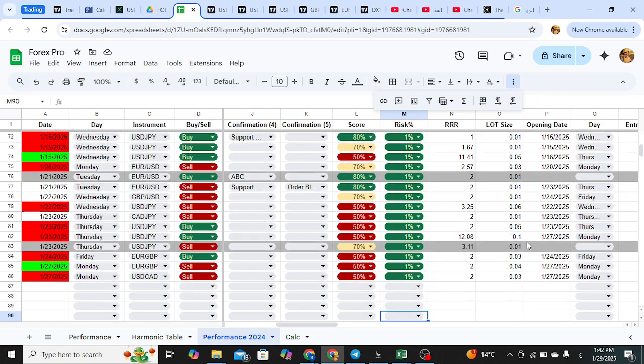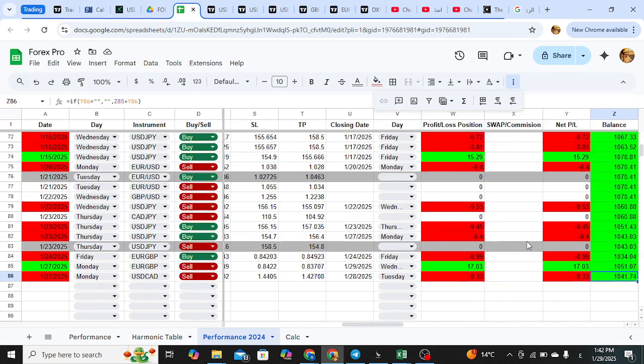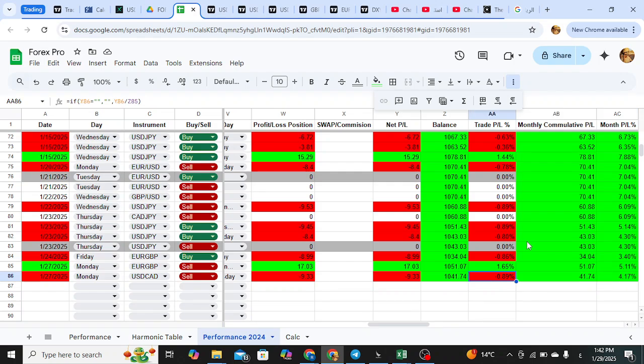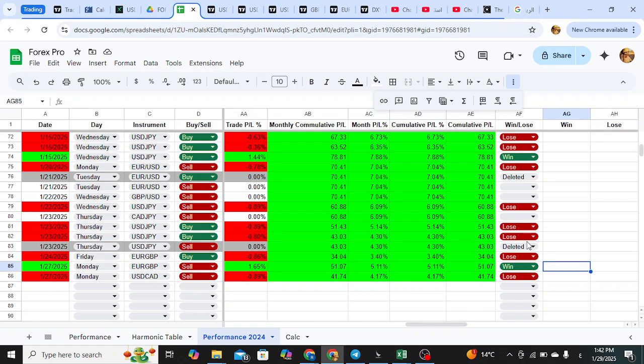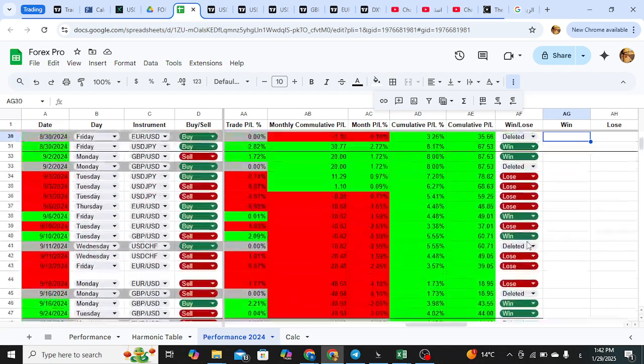So from this 1%, and because there is a topic that we will talk about, as I said, which is the RRR, the risk to reward ratio, which I have as 2 to 1, meaning I win 2% and I lose 1%. So although, look at this, I will show you the win to lose ratio.